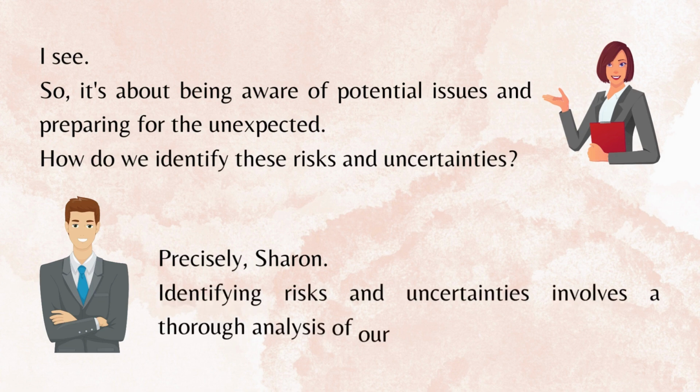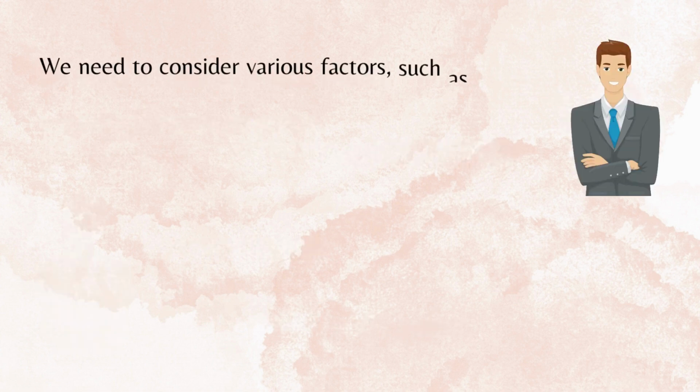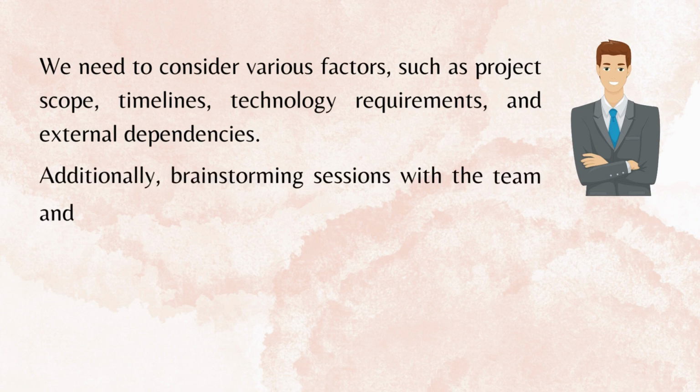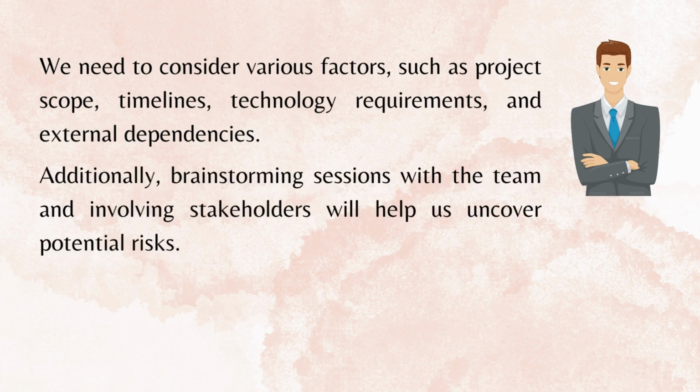Identifying risks and uncertainties involves a thorough analysis of our project. We need to consider various factors, such as project scope, timelines, technology requirements, and external dependencies. Additionally, brainstorming sessions with the team and involving stakeholders will help us uncover potential risks.